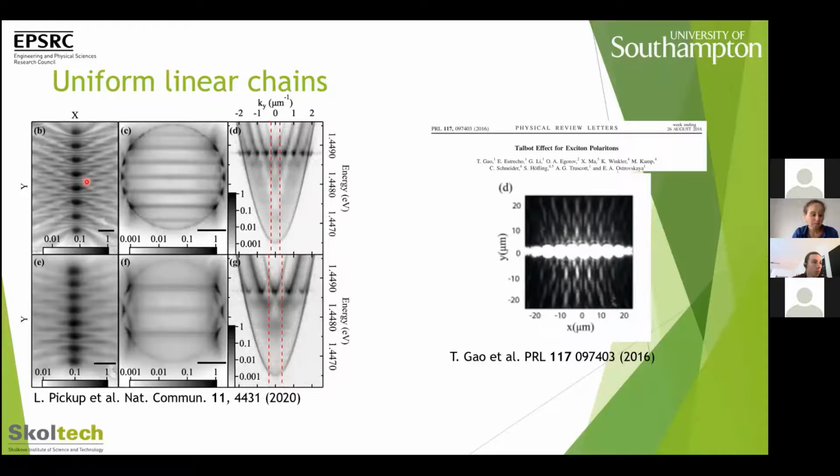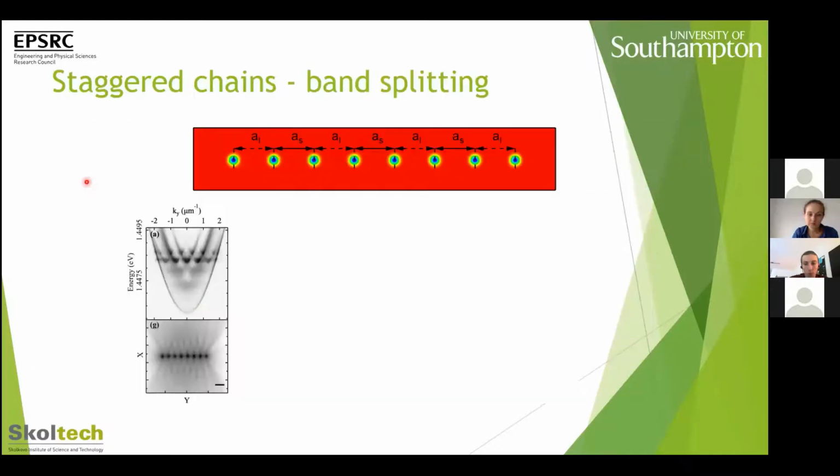So beyond uniformly separated chains, we can stagger the chains. And what I mean by that is we would have 2 intercondensate coupling lengths, and it would go long, short, long, short, long, short.